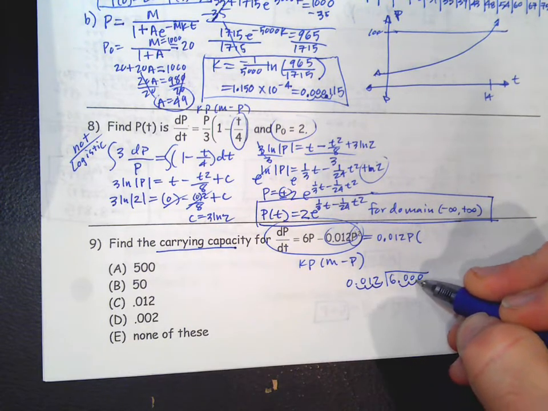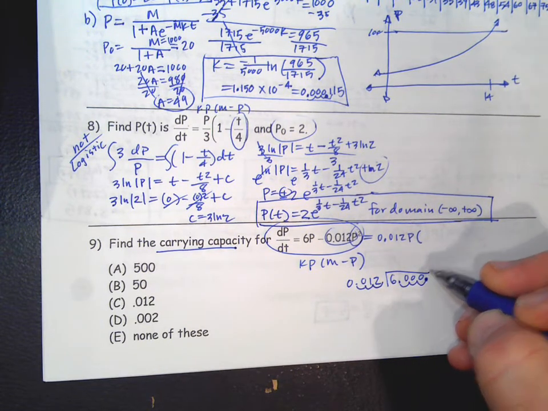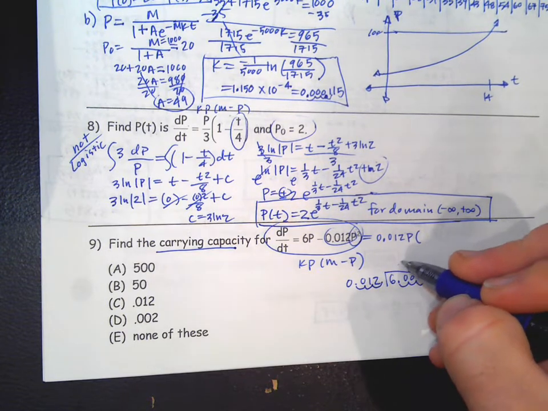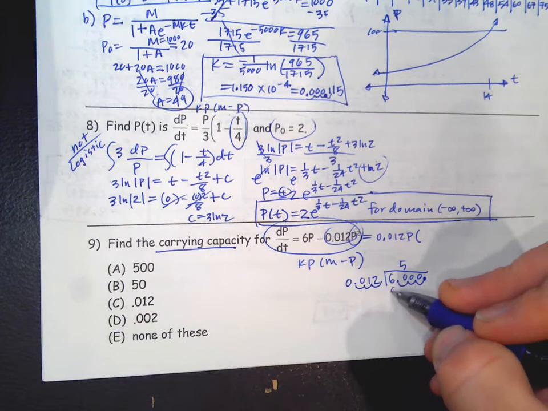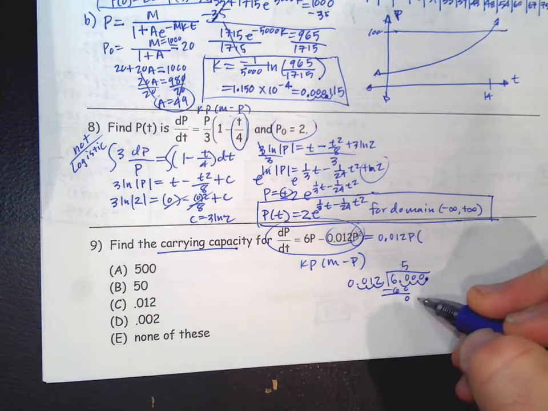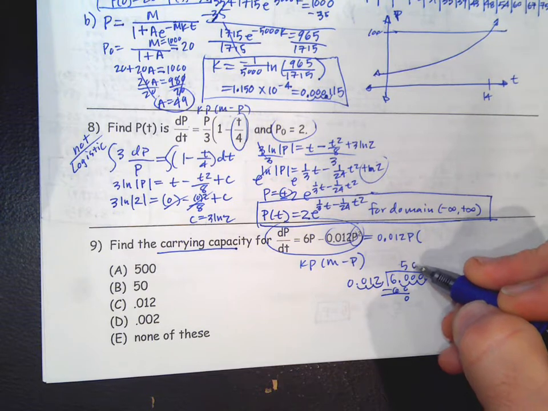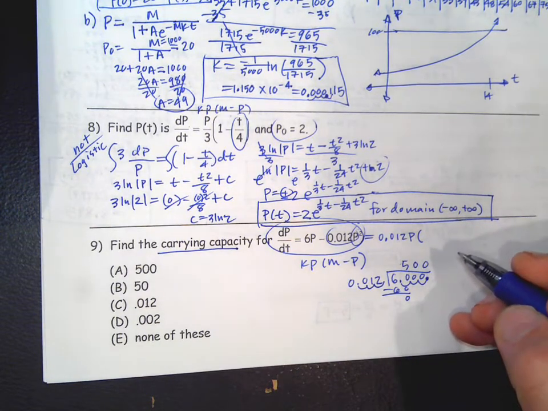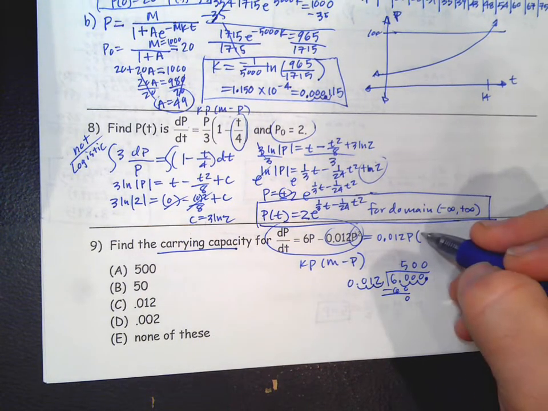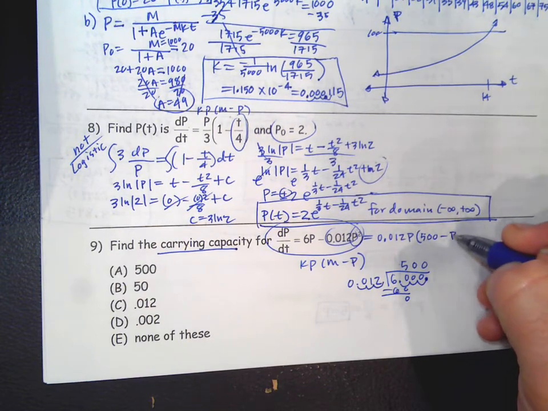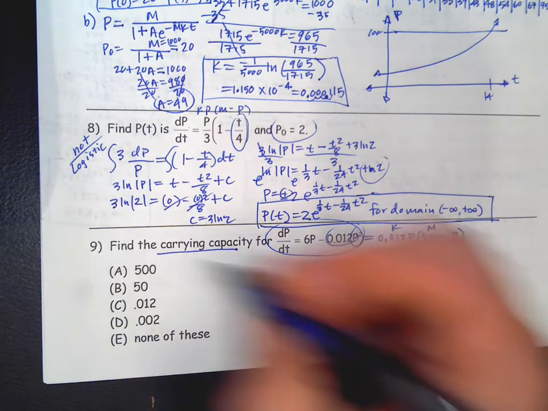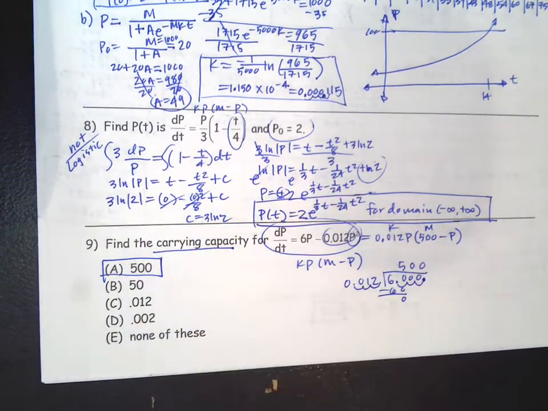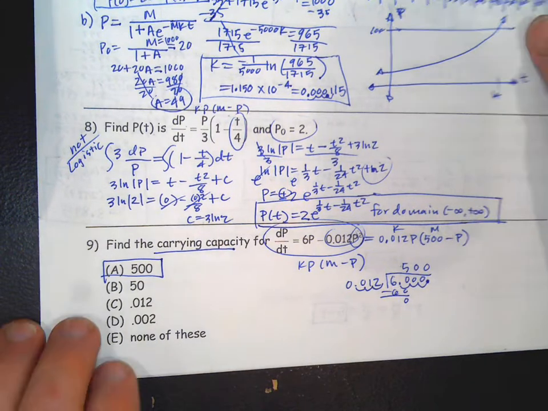I'll move this over 1, 2, 3 spots. And so 12 goes into 6 5 times, and so that's going to be 60. And then you got 2 more zeros there, right? So 500 minus P. So that's your K, that's your M. So your carrying capacity is 500. There you go. Okay, that's it. Logistic growth.